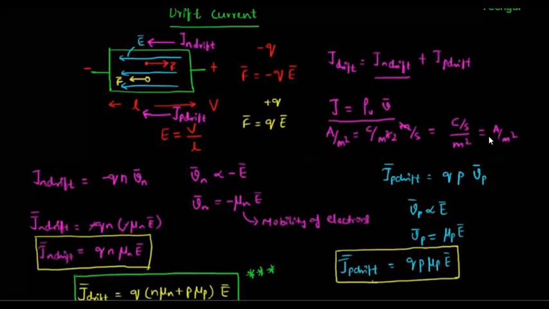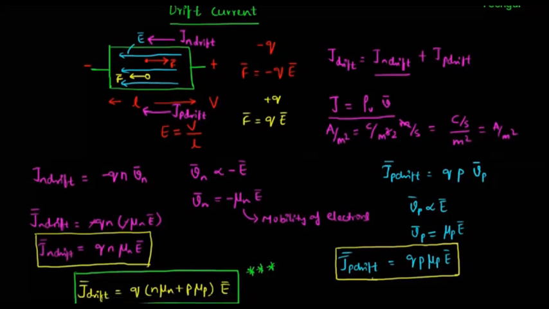Mostly it will be given, Harsha, but for silicon and germanium, it's better to remember. We have two types of currents: drift current and diffusion current. Drift current is always due to electric field. If there is no electric field, we won't be discussing drift current. Understood? Yes or no? Tell me, guys.